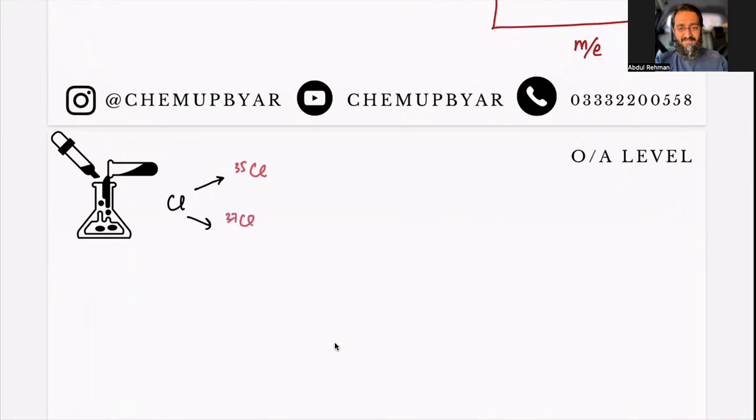So what happens to both of them in the initial state? They get bombarded, and when they get bombarded, they both get a positive charge, right? Because one electron is being ejected. So if one electron is being ejected, then what will be their mass to charge ratio?